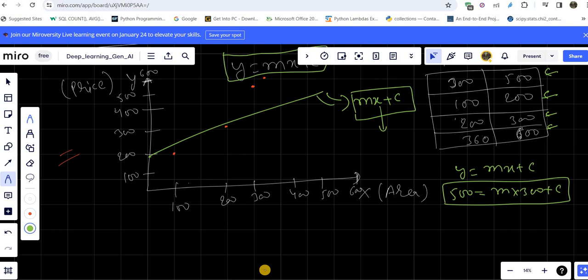Now here the question is, I want the value for m and the value for the c. So m is what? Your slope, and c is what? Intercept. So these are the two things we need to know.